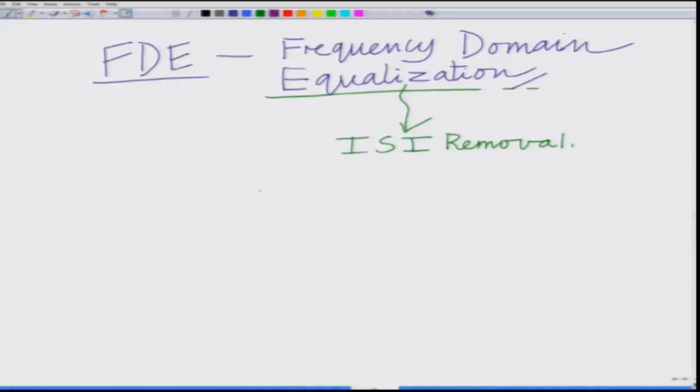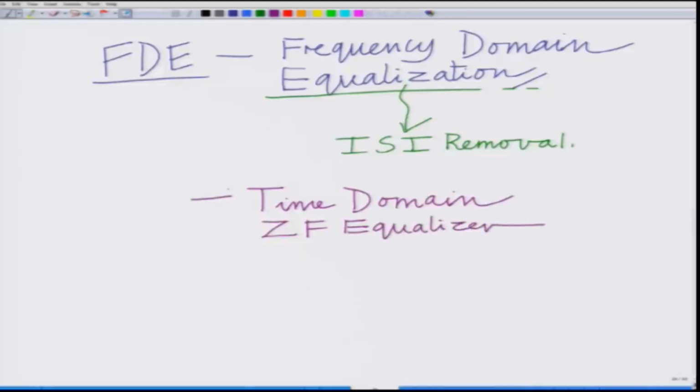Previously we have seen time domain equalization, that is your zero forcing equalizer. This is one of the techniques that we have seen. Let us call it technique 1.